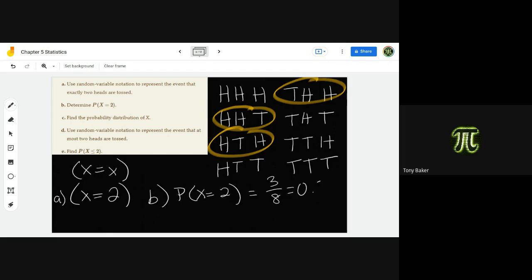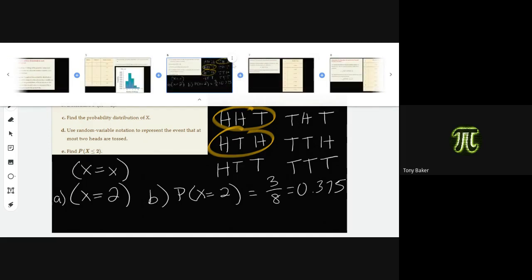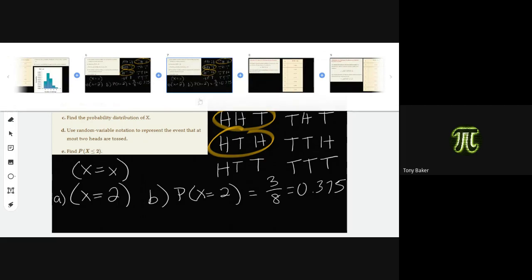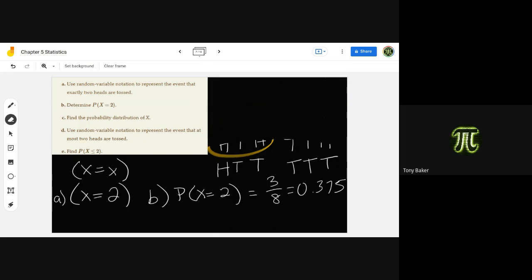So it'd be 0.375. Just rewrite this real quick.